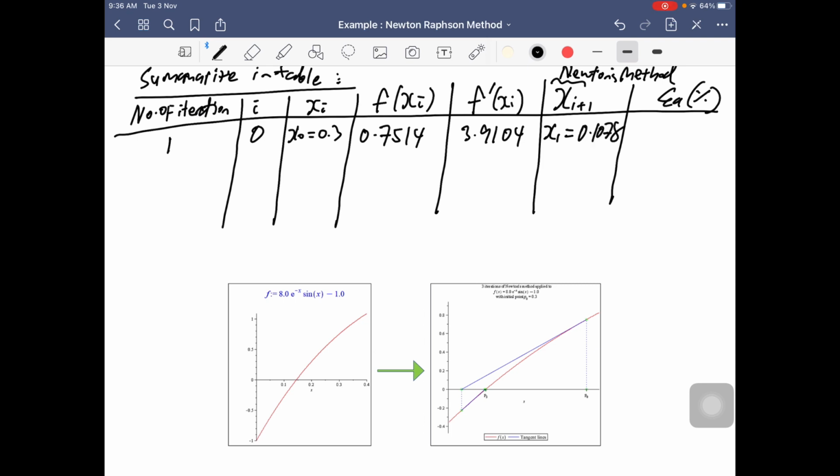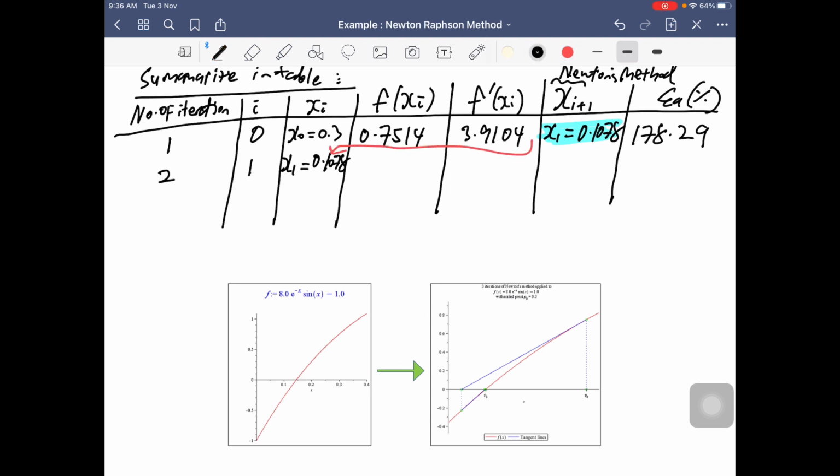Okay, approximate percent error, kita dah boleh kira pada iteration yang pertama untuk Newton's method. Okay, dia tak sama macam bracketing. Bracketing kita letak dash. And then iteration yang kedua, i sama dengan 1. So ini x1. Kita juga dah kira 0.1078, ataupun dia datang daripada this value. Okay, kita bawa ke sini. Alright.